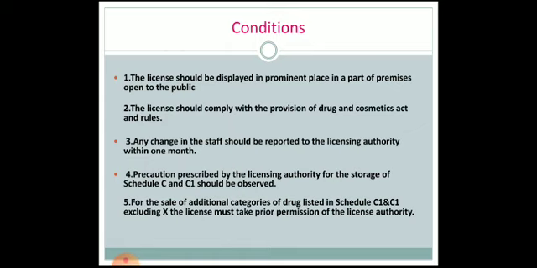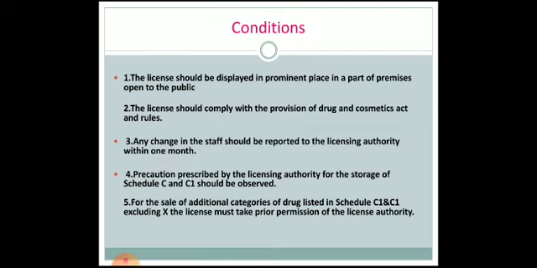There are certain conditions applicable to get a license. The license should be displayed in a prominent place in the part of the premises open to the public. The licensee should comply with the provisions of the Drug and Cosmetic Act and Rules.